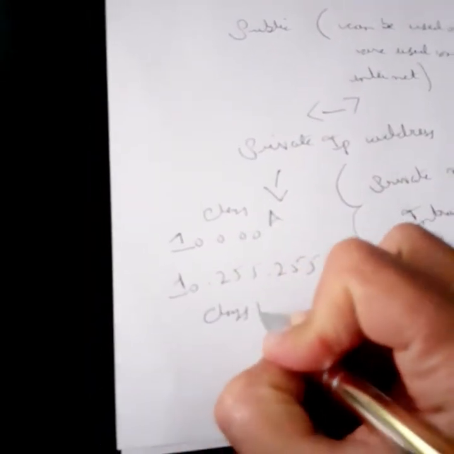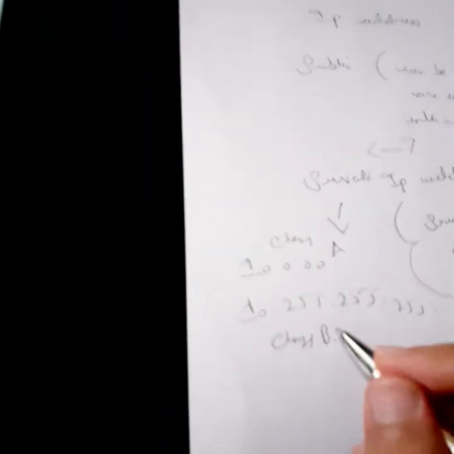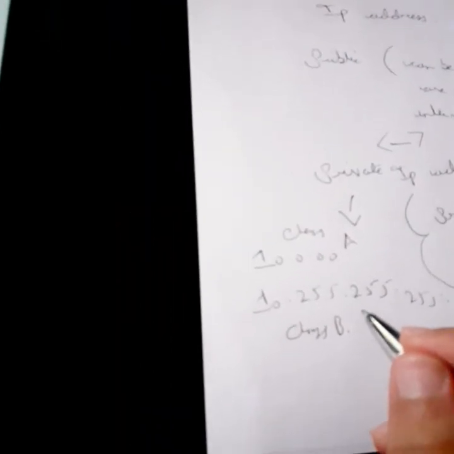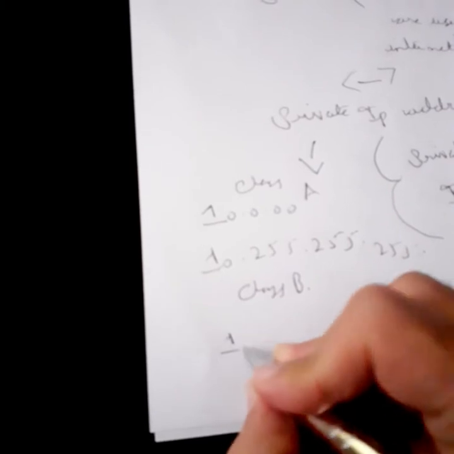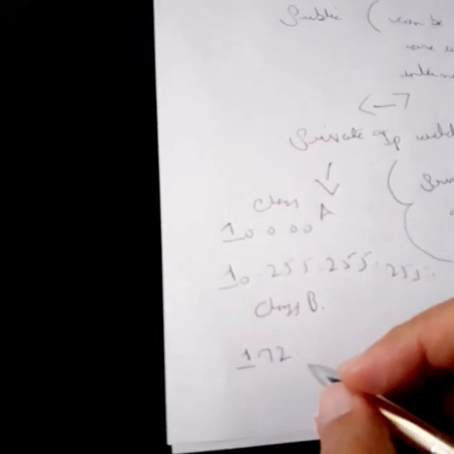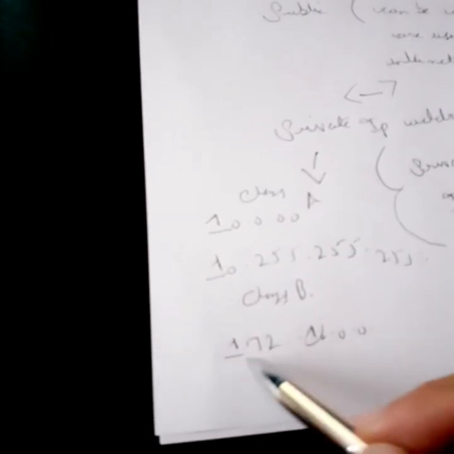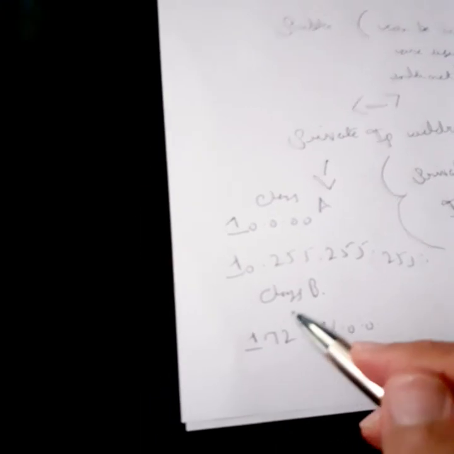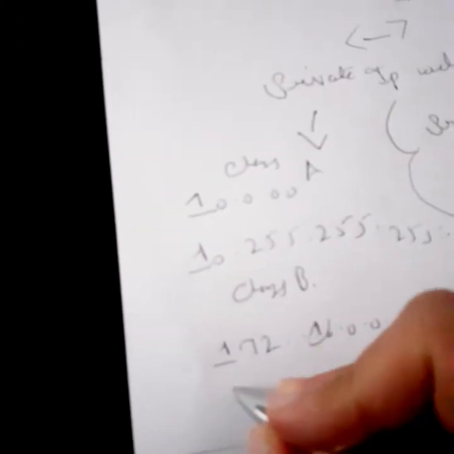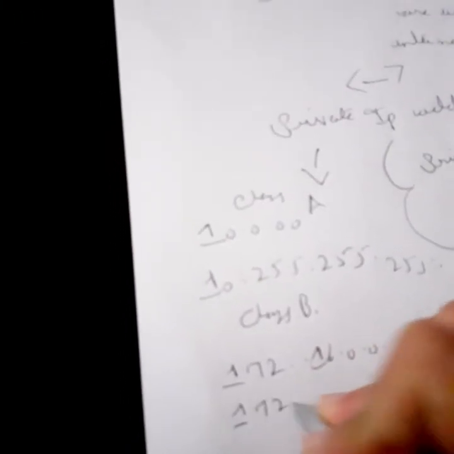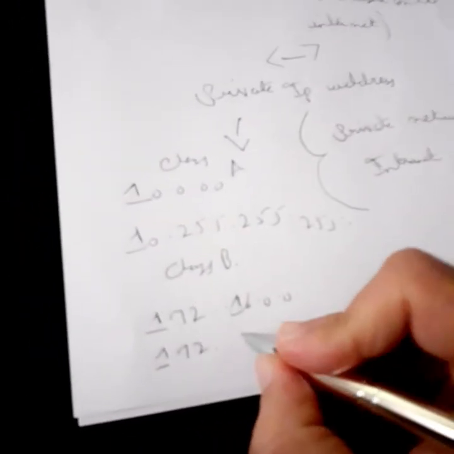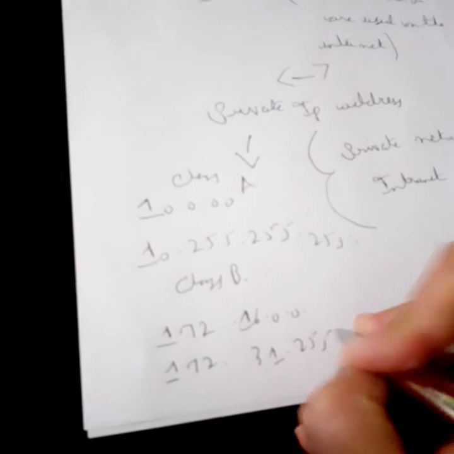And then class B. The class B IP address range is going to be 172.16.0.0. Remember, class B will start from 172, and go up to 172.31.255.255.